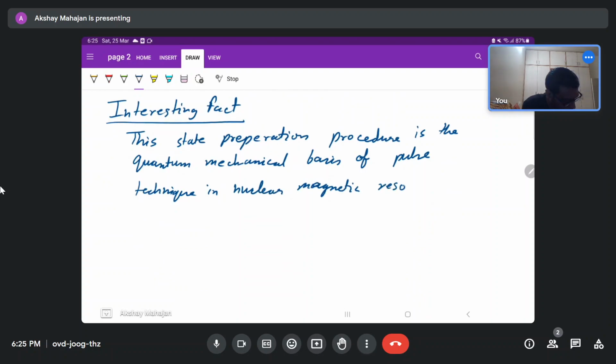If you might have heard of NMR, the state preparation technique that we discussed in this problem is actually the quantum mechanical basis for the pulse technique in nuclear magnetic resonance.